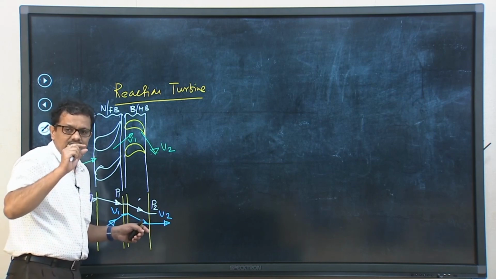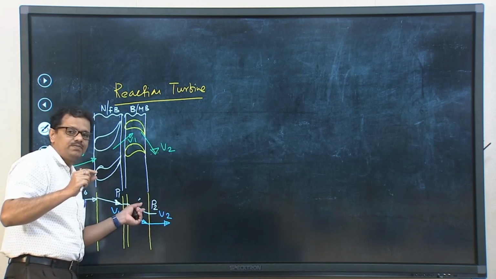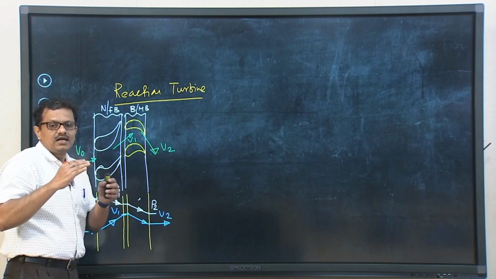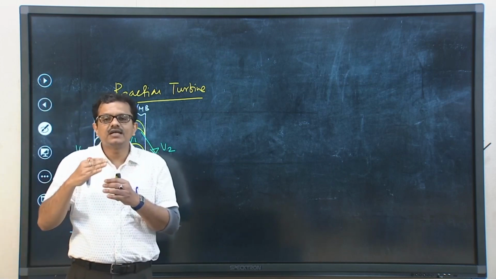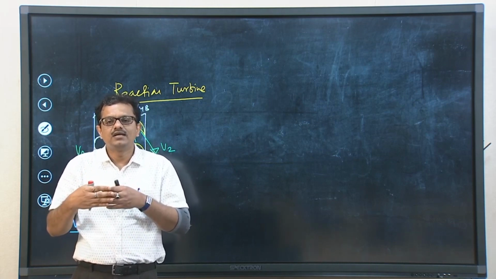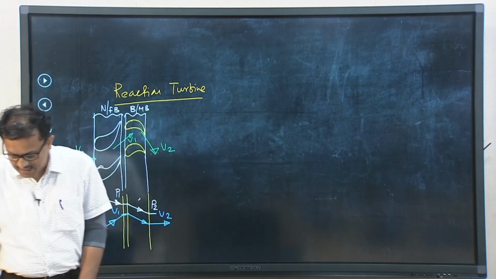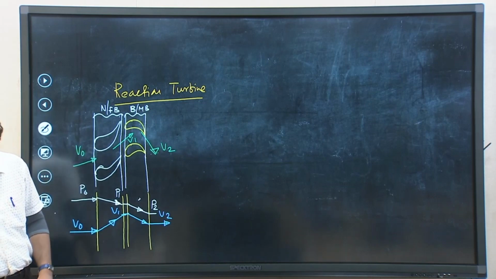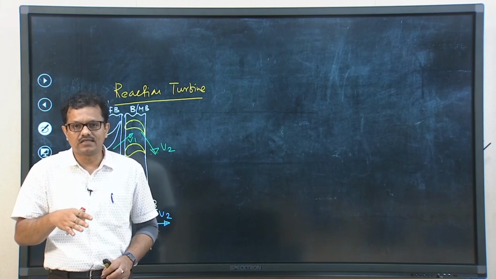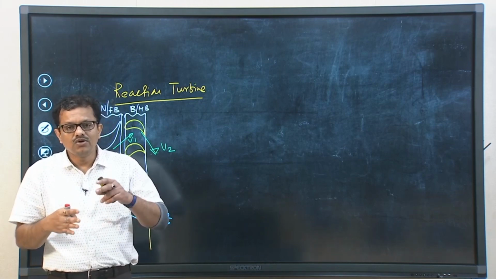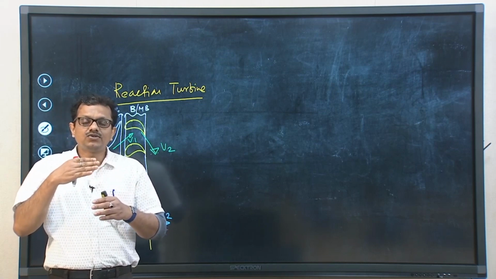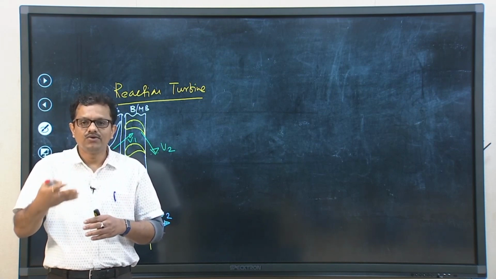So, due to that little increase in velocity from the drop in pressure, the jet will gain little kinetic energy, and that kinetic energy will give rise to a reaction force in the opposite direction, right. So, that reaction force also will help to rotate the wheel.